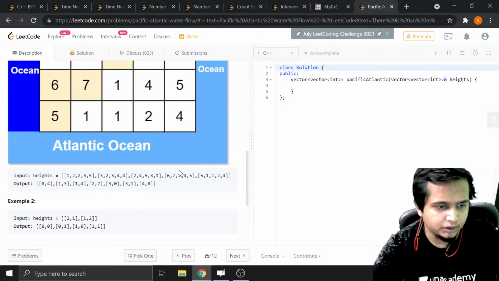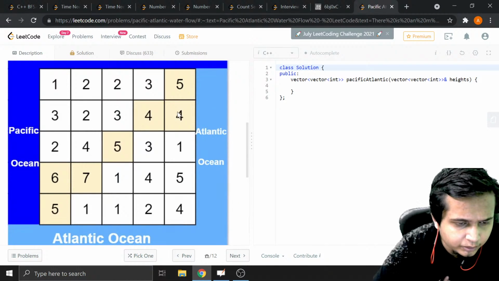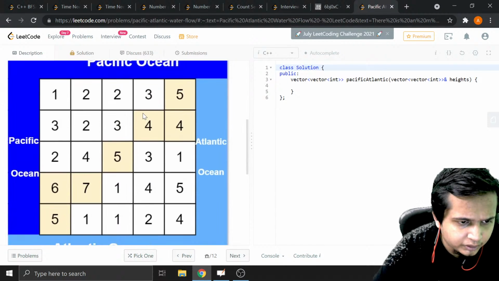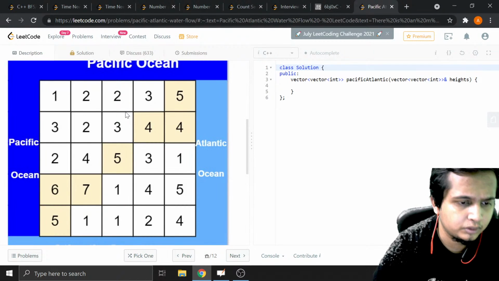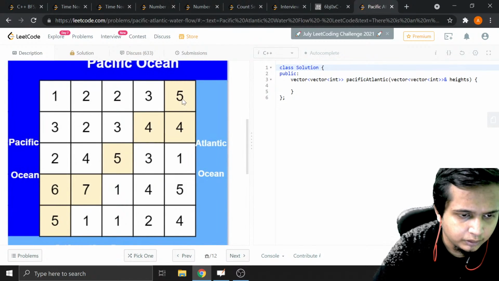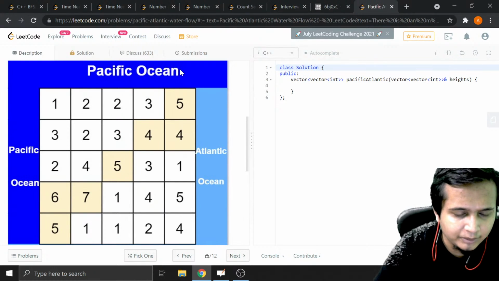Yeah. Okay, cool. So I think I understand the problem completely now. So yeah, here you can find how you reach the Pacific. Okay, cool. So here, if you see this example, if you are at this position, then you can go to the Atlantic and Pacific directly.